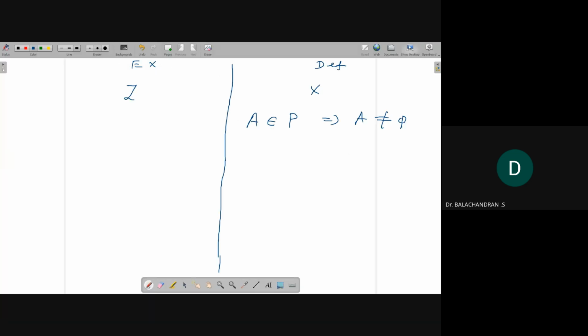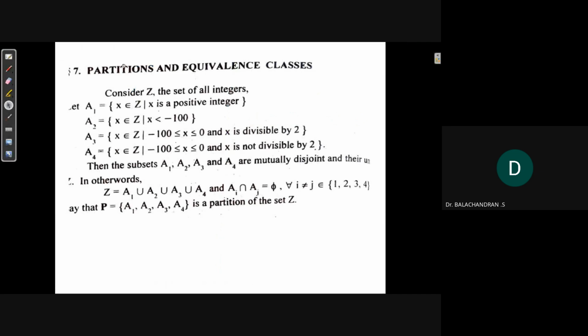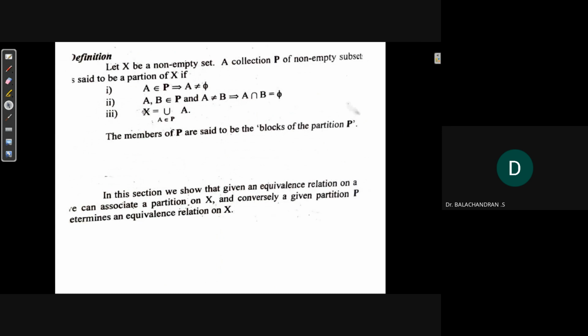Next, the second condition. If A, B are in P and A not equal to B, then A intersection B equals empty. This comes from mutually disjoint, which I explained in the last class.